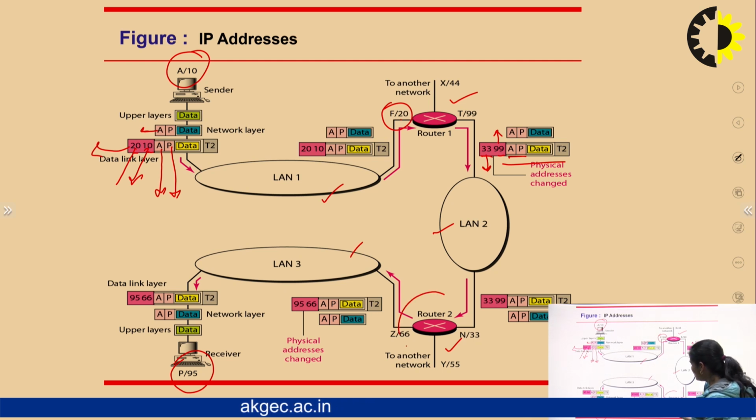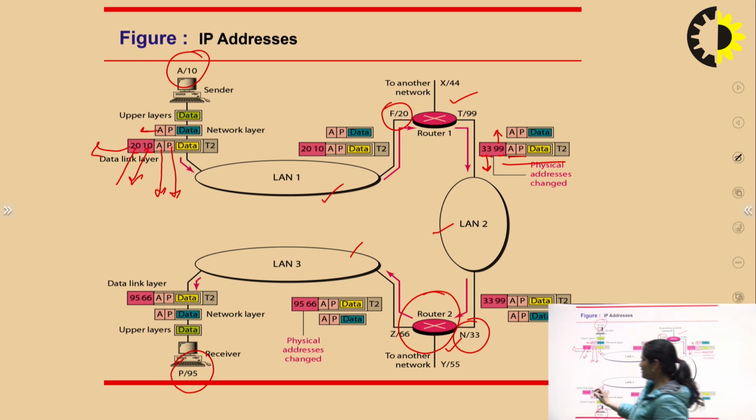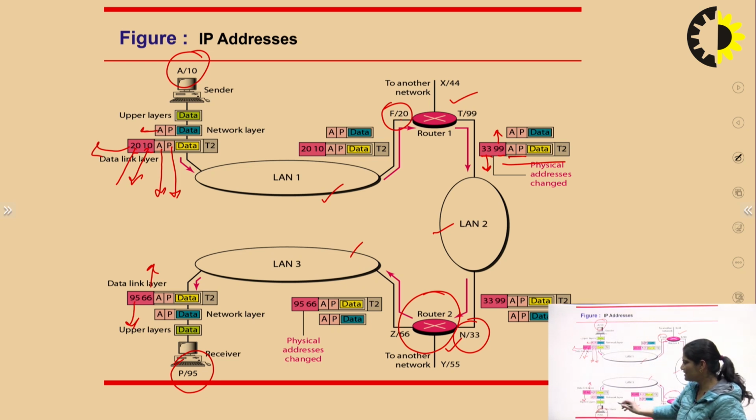So this is router 2, its source address is N by 33, and we have to send data from 33 to 66, where 66 is the destination address of this data. So through this LAN we can send data directly to the receiver, whose logical address is P and physical address is 95. So we can send data from this sender to receiver successfully.